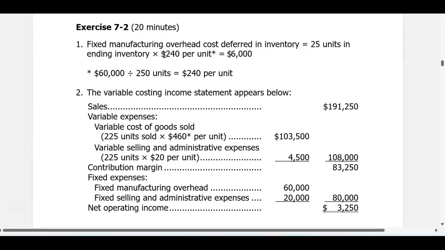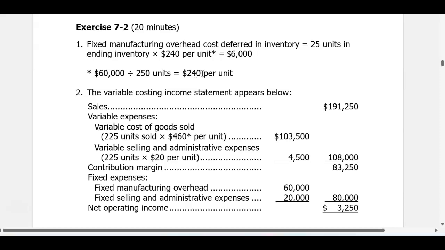The 25 units includes $240 per unit of fixed expenses. Remember, fixed expenses was $60,000 divided by 250 units of production gives us fixed expense of $240 per unit.